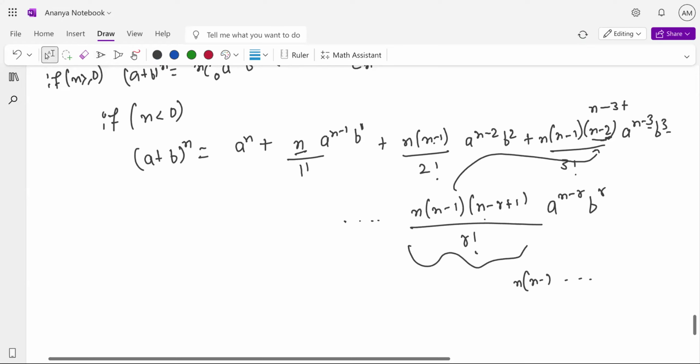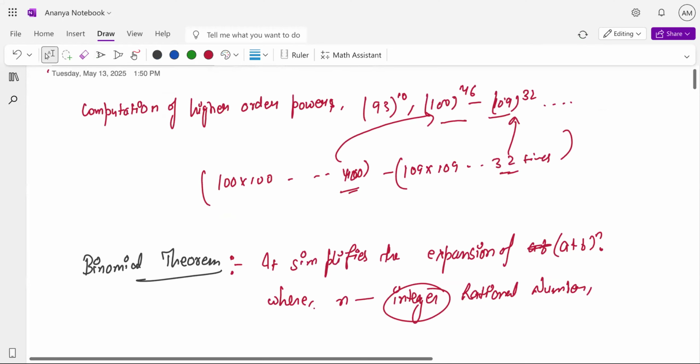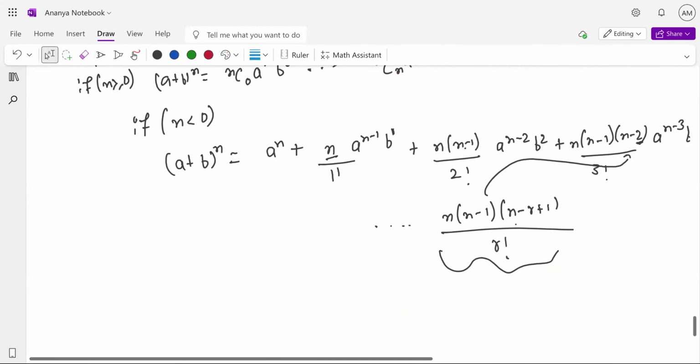Yes, there should be into n minus 2, into n minus 3, until the n minus r plus 1 term, right? It's a long derivation. This is a directly given result out of it. We would be solving much more and we'd get a result like this, so I'm providing the result to you.